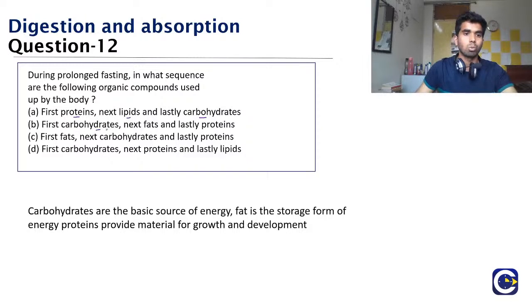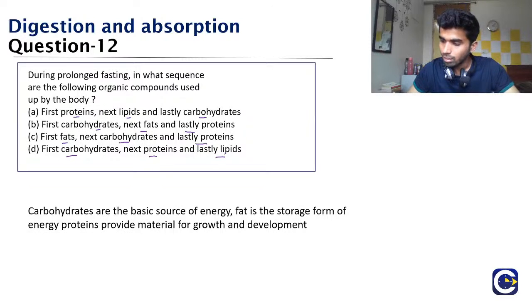Option B, carbohydrate, then fats, then proteins. Option C, fats, then carbohydrates, lastly proteins. And option D, carbohydrate, proteins and lipids. Yes, Hisham, you are doing very well. Trisha, yes. Akshay, yes, all of you are very correct.